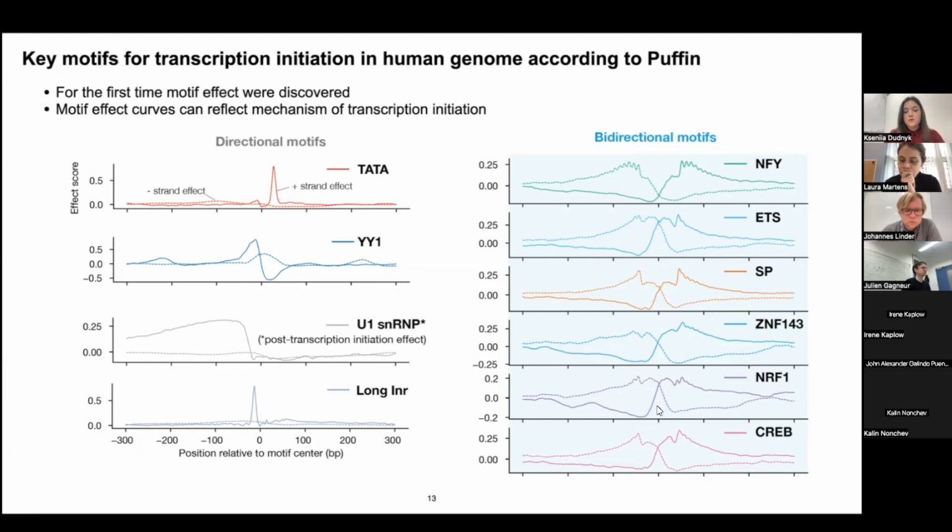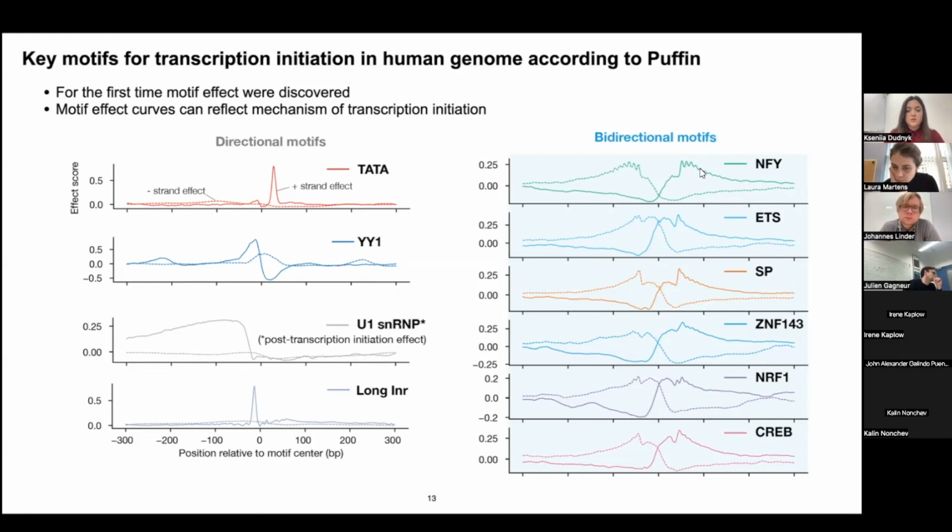Because the model was trained with base pair resolution signal, we expect that these motifs actually represent the mechanism of transcription initiation. One piece of evidence of that is that the NFY motif has this 10.5 base pair periodicity in the effect curve.